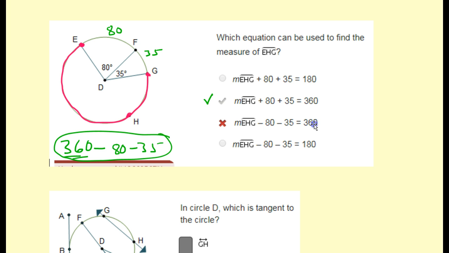Think about it. They're saying this is equal to 360. If we take this arc, which is less than the whole circle, and then you subtract some more from it, is that going to equal 360? Is that going to give you the whole degrees of a circle? No. All right, let's move on.